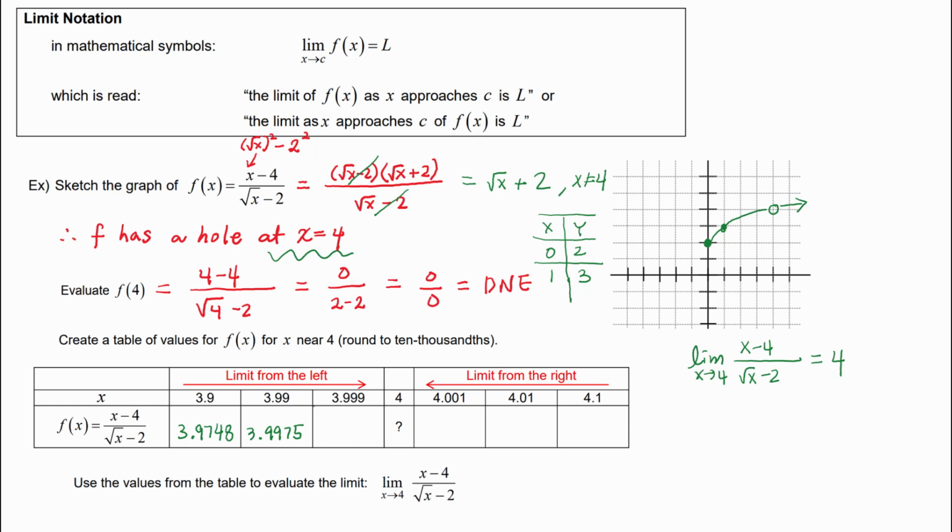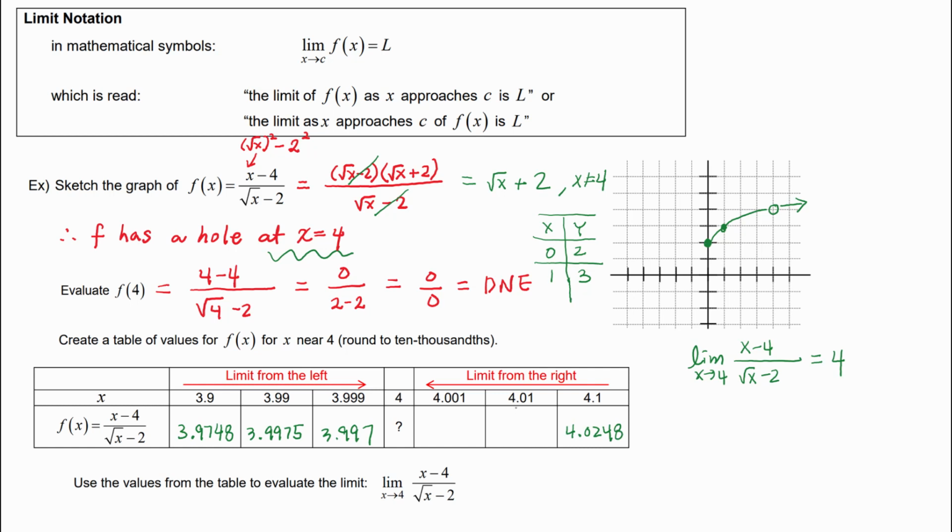Now 3.999, you get 3.997. So you know your f of x is trying to reach 4 as well. What about from the right? From the right, if I plug 4.1, you should get 4.0248.